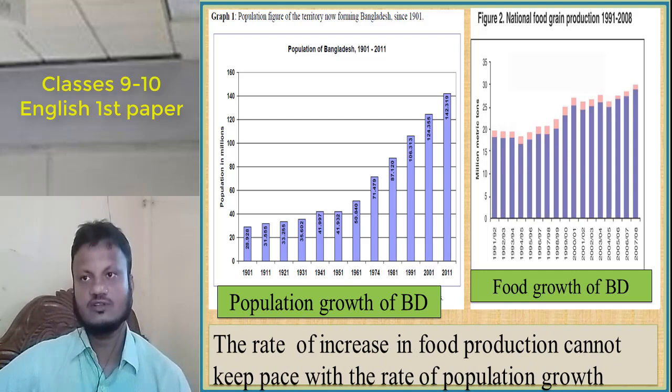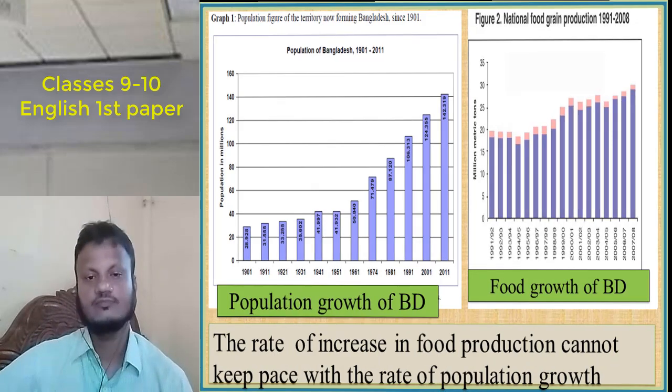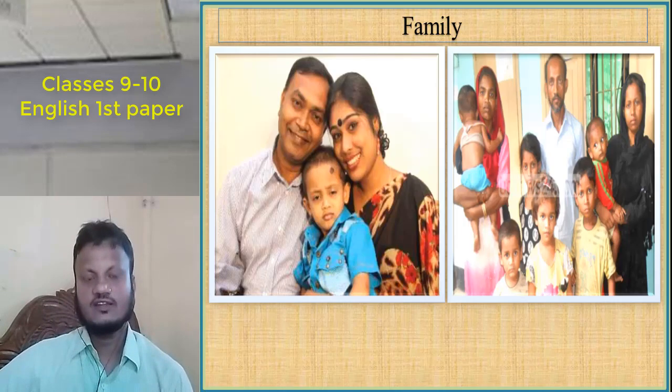Dear students, here you can see two pictures. One is a small family and another is a large family. One is a joint family and another is a nuclear family. Once our families were big in size, now the families are broken into small size.